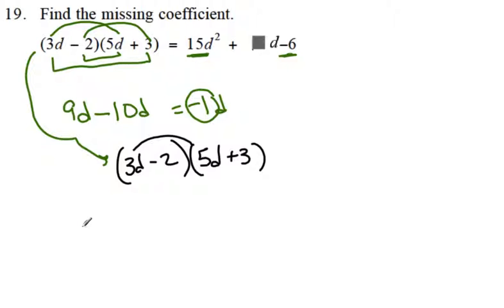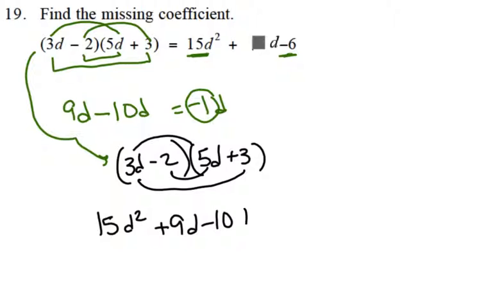3d times 5d, 15d squared. Outside, 3d times 3 is 9d. Negative 2 times 5d, negative 10d. Negative 2 times 3 is negative 6. These in the middle are like terms.